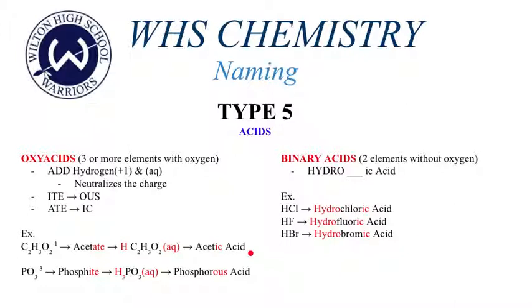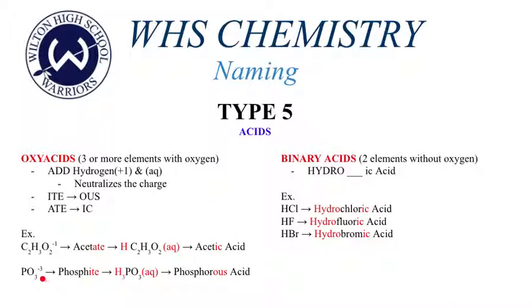Let's do another example. PO3 with a charge of a -3, that's phosphite. In order to make this an oxyacid, we need to first add the hydrogens to neutralize the charge.